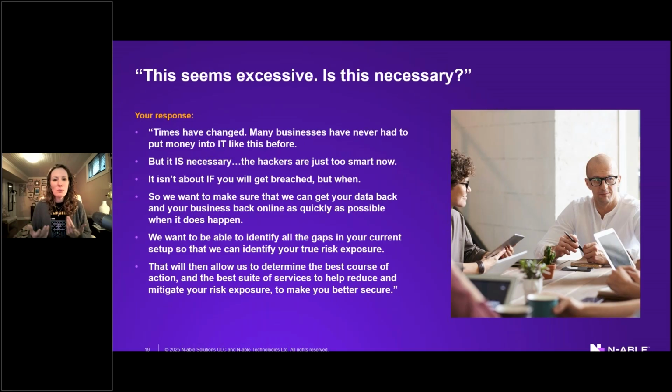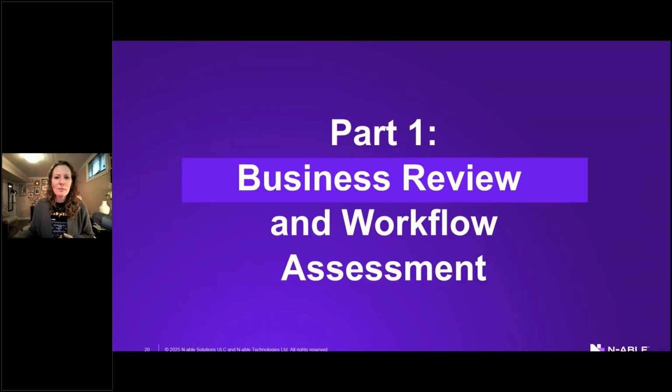So those are just a couple of objections that you've probably heard, and maybe some things to think about on how you can respond to them. And then I think I do talk about it later on in the boot camp, but one of the questions that I get is, well, if I do charge for it, can I get that money back? Yes, I've seen partners charge for it up front and then say, if you sign on, we'll give you a credit back, we'll pay you back for it, we'll give you a discount off your monthly fee.